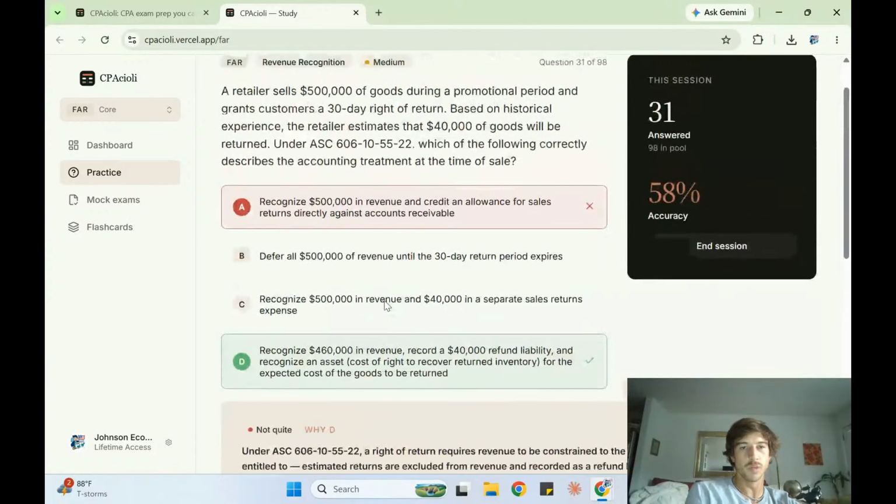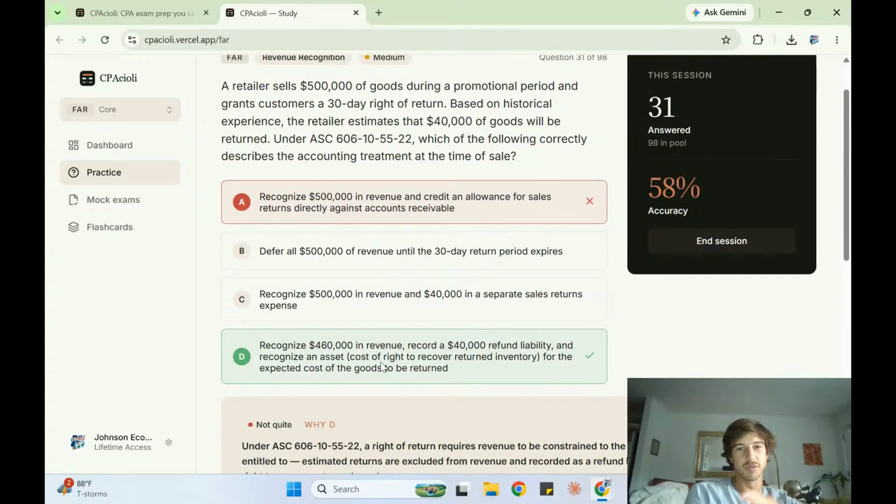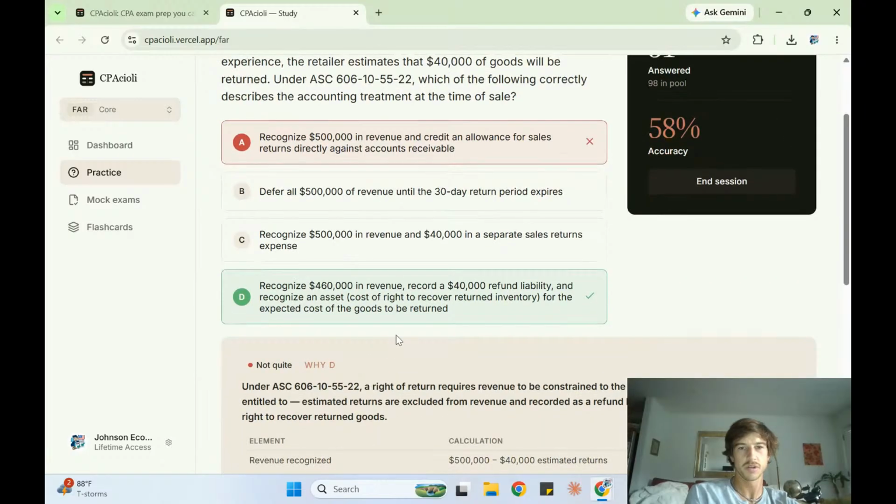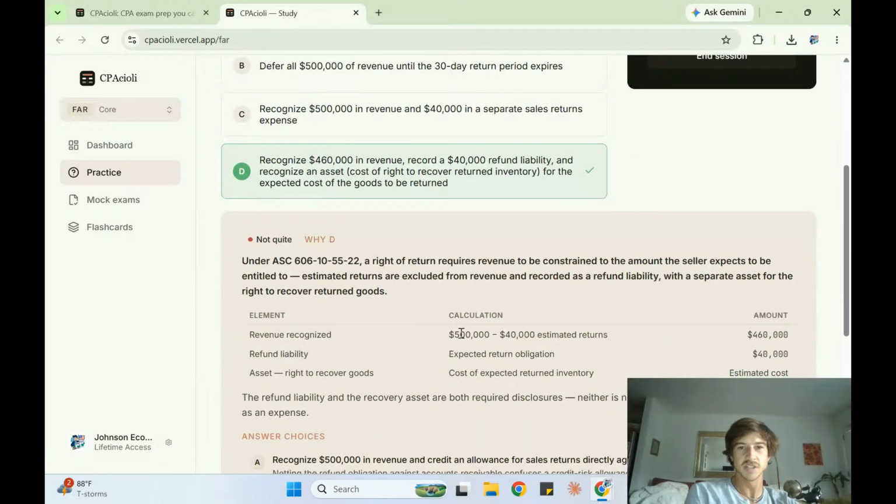So you only recognize it net, which I thought originally, but then I changed my mind. And then you recognize an asset for the expected cost of goods to be returned. Estimated returns are excluded from revenue and recorded as a refund liability with a separate asset for the right to recover returned goods.